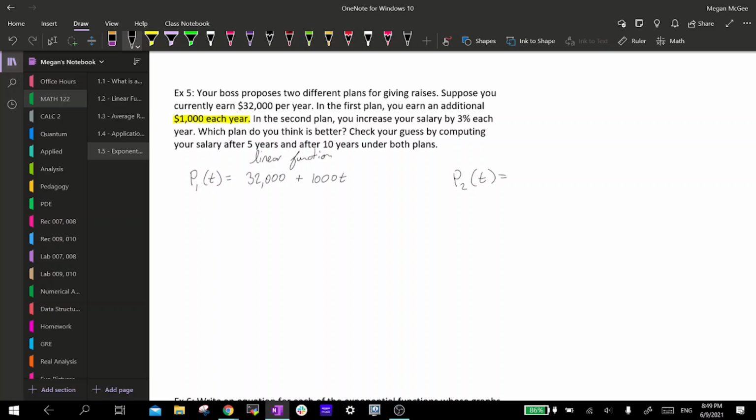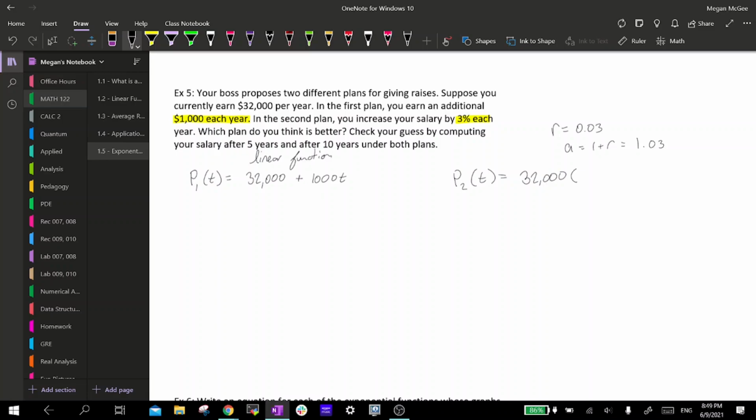And in our second function, P2, well, we also are starting out with $32,000, but now we have a percent rate. Okay, so our rate is 0.03, so A is 1 plus R, so we have 1.03.